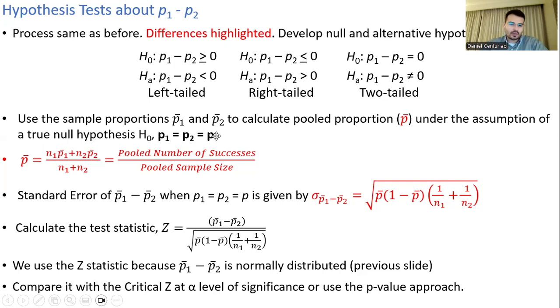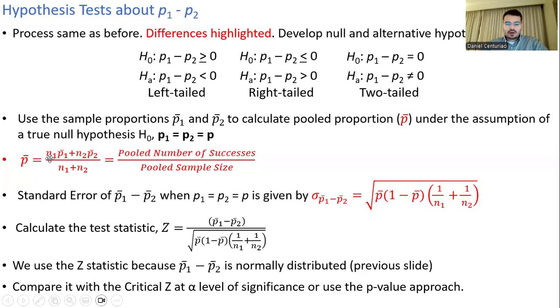In the case that we don't know the standard deviation of the population, in this case we don't know the proportion of the population, we can instead make this assumption and then calculate the proportion of the samples, which is a pooled proportion because we have more than one sample, and use that proportion p bar to calculate the standard error, the standard deviation, and then to calculate this. Okay.